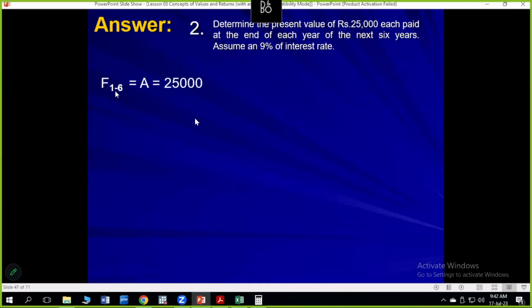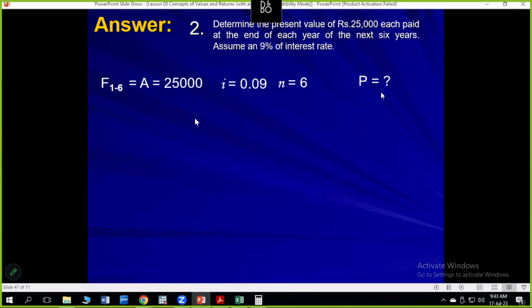From year 1 to 6, it is called the annuity, 20,000. I is 9%, and N is 6.